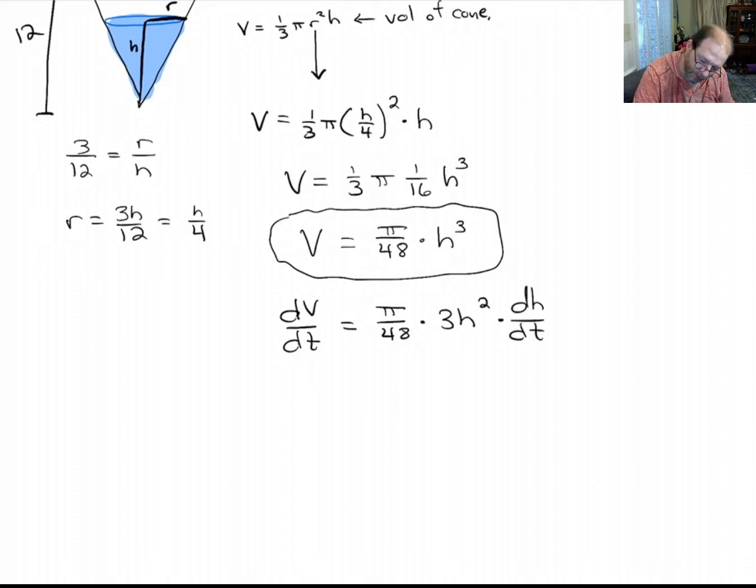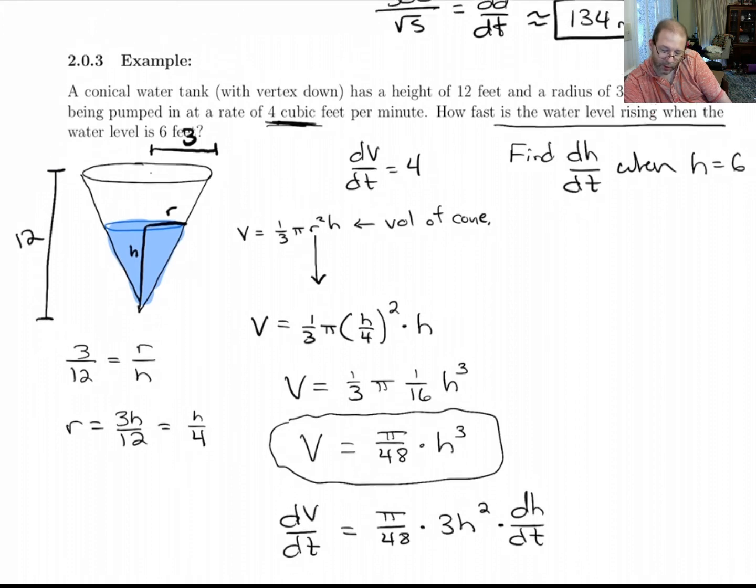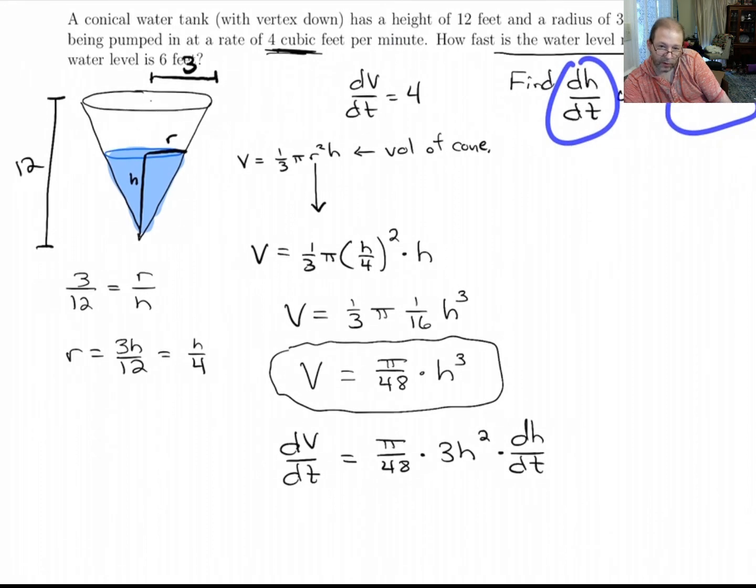And that 3 and 48, we could put those together and reduce it to 1 over 16, but let's do that in the next step. So what were we given? dV dt is 4. Find dh dt when h is 6. So let's plug into this.